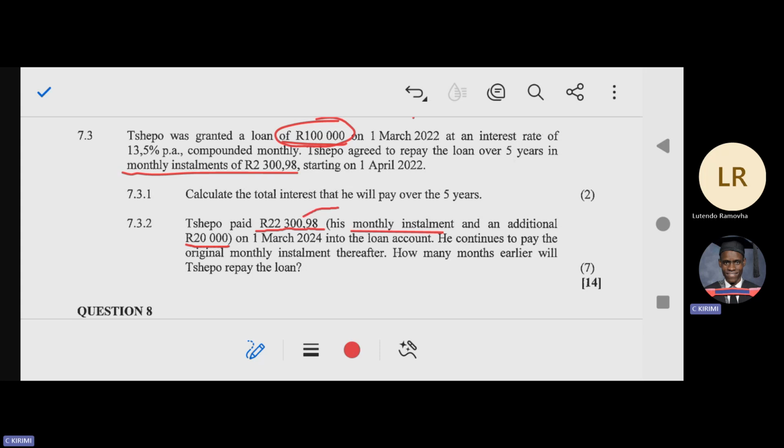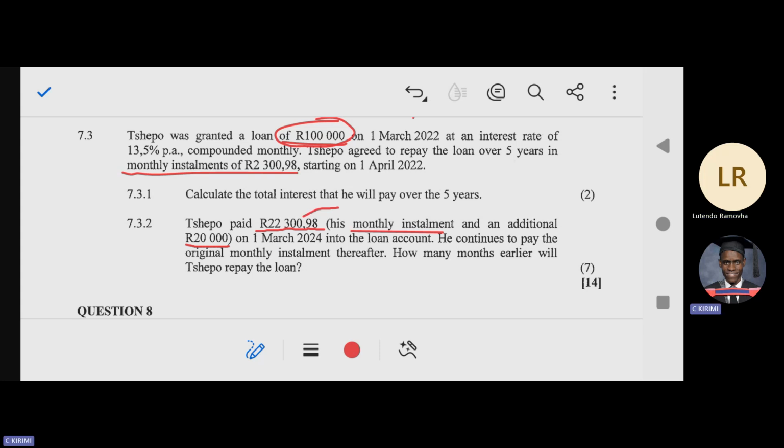So 1st of March 2024, how many years had elapsed? From the 1st of March 2022 to the 1st of March 2024, how many years? 2 years.